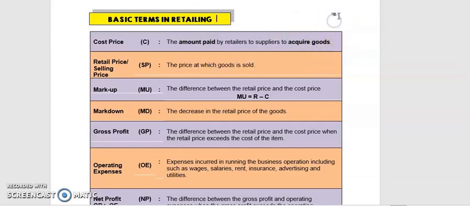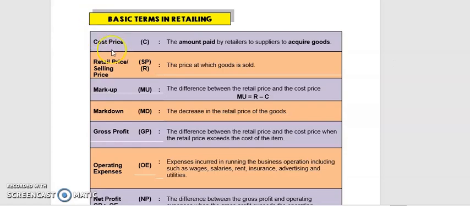Any cost involved, you must include in your cost price. For example, if you buy items online, you need to pay for the price of the item as well as the postage cost. So your cost price will be the cost of the item plus postage cost.